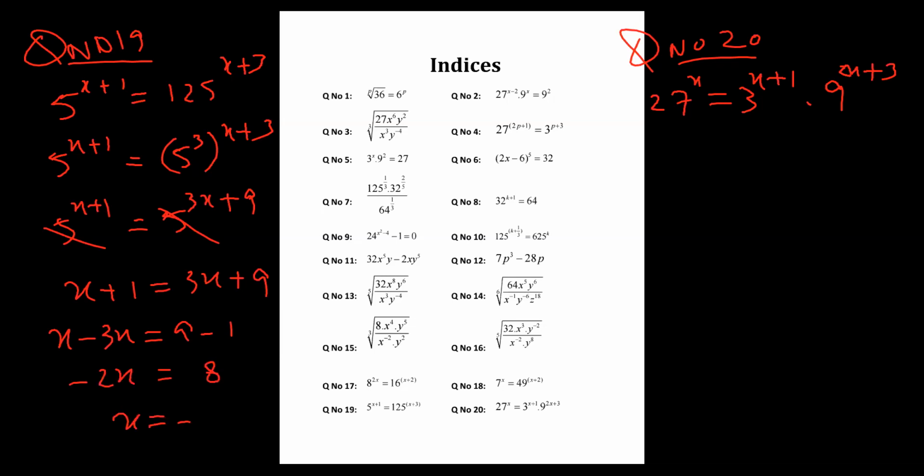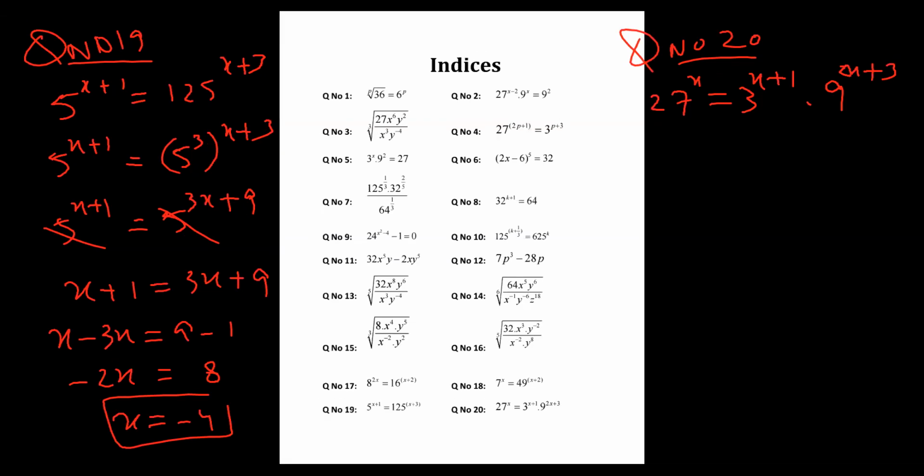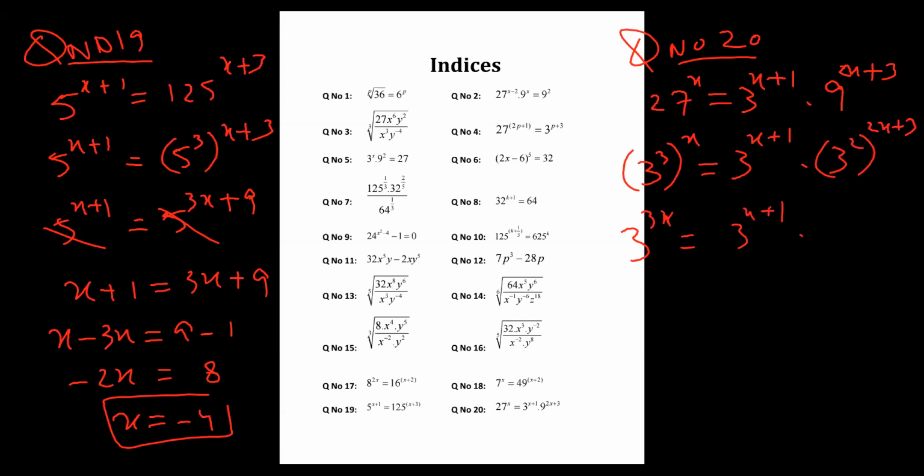So x becomes minus 4. So after this, we can go for the next. This is 27. All of you know 3 to power 3. This as it is, 3 to power 2. So here 3x comes. 3 to power x plus 1, power to power multiply.